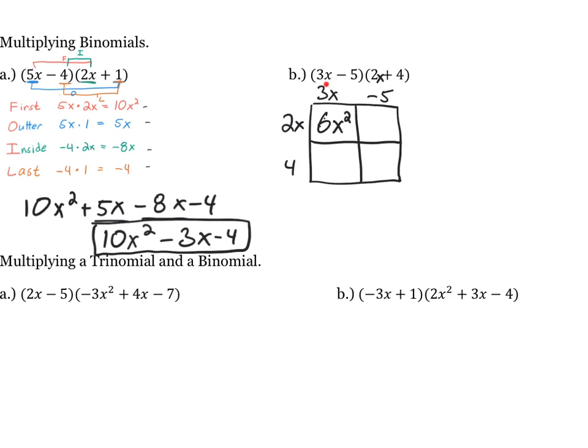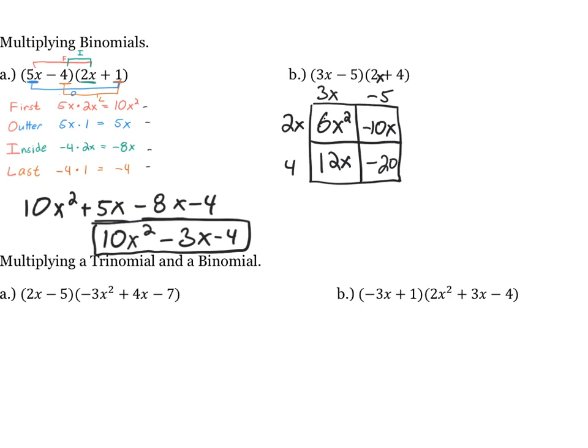Now coming down here, 3x times 4 gives me 12x. Over here, negative 5 times 2x gives me negative 10x. And then negative 5 times 4 gives me negative 20.